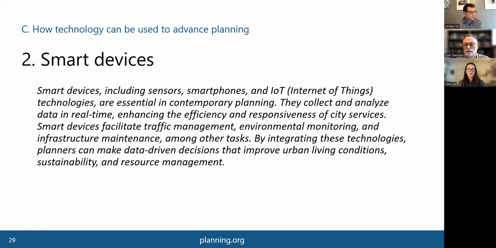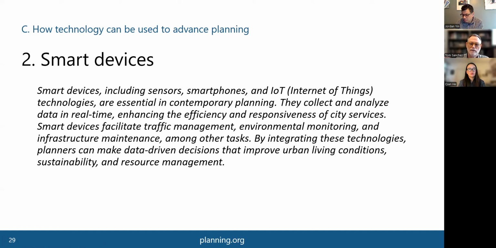Smart devices, including sensors and smartphones and devices and IoT or Internet of Things and related technologies are essential in contemporary planning, and we're seeing these really as intensive kind of data collection tools. And so they're collecting and analyzing data in real time, enhancing the efficiency and responsiveness of city services.